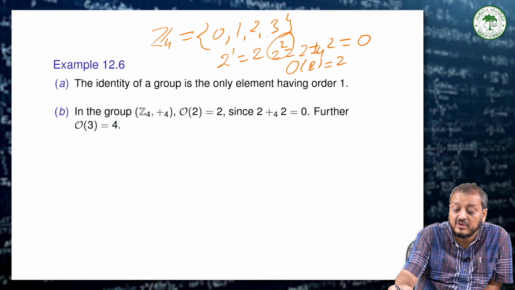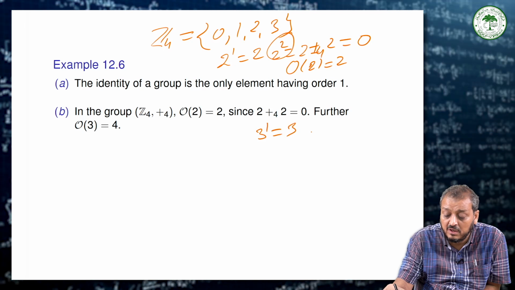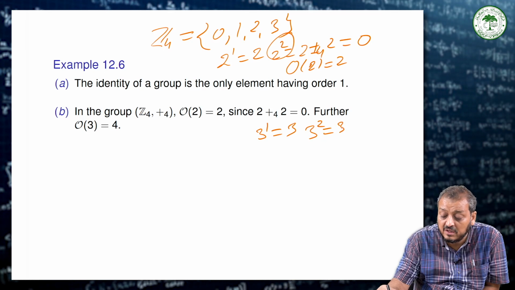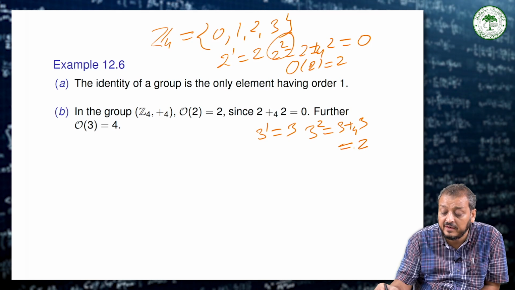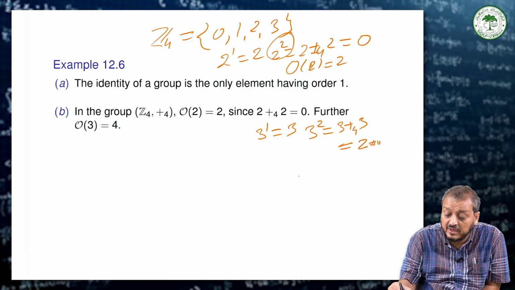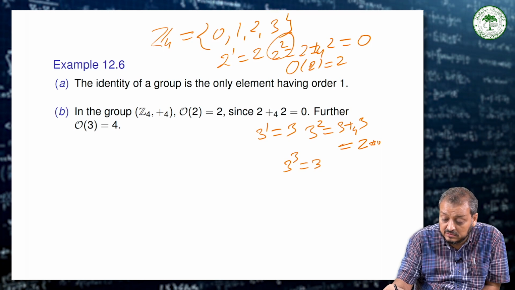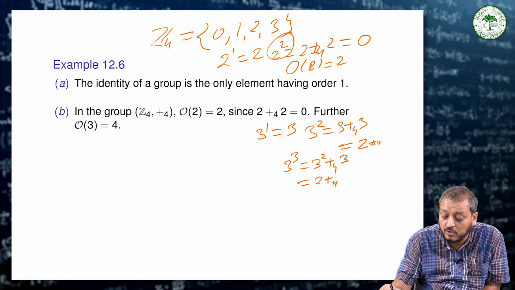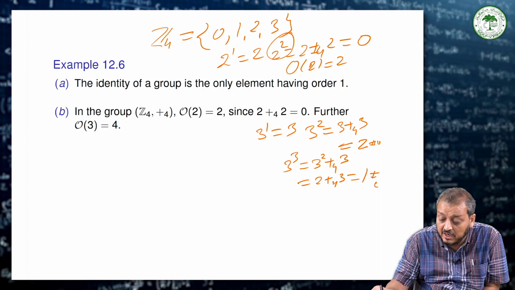Then, for example, we find the order of 3. 3 to the power 1 is equal to 3. 3 squared is 3 addition modulo 4, 3, which is equal to 2, not the identity 0. Then 3 to the power 3 is 3 squared addition modulo 4, 3, which is 2 plus 3, equal to 1, again not the identity element 0.